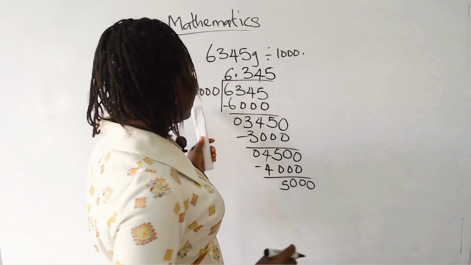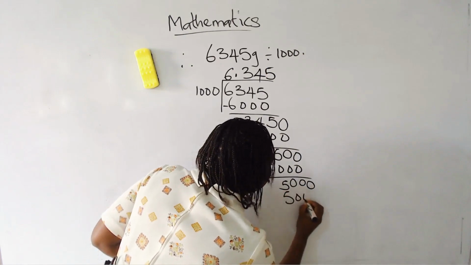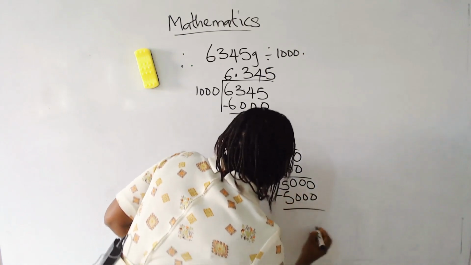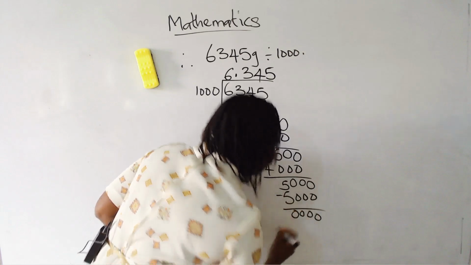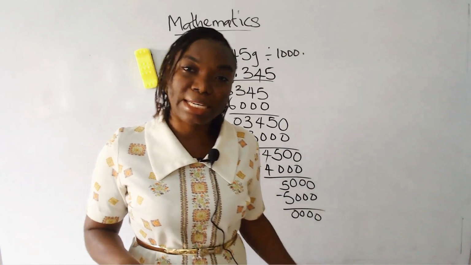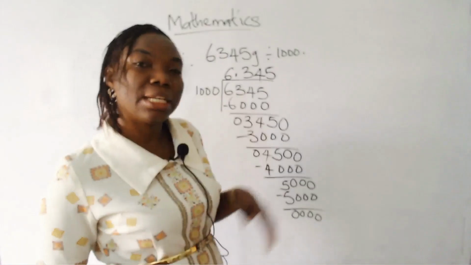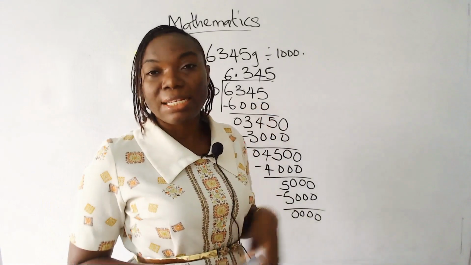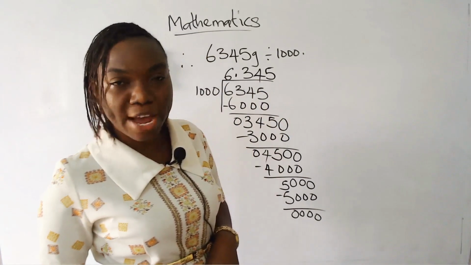Now, this 5 times this gives you 5,000. And when you subtract, you have 0 here, 0, 0, 5 take away 5 is 0. You can see that we don't have anything to divide again. Therefore, our answer is 6.345. This is read as what? 6.345.